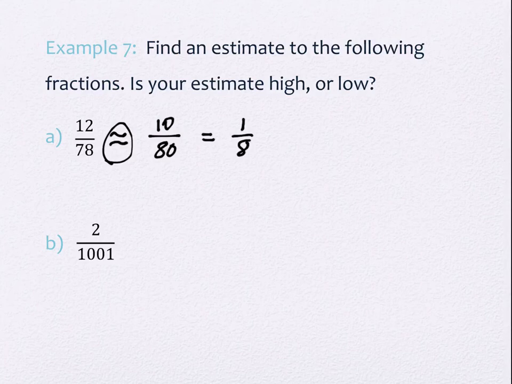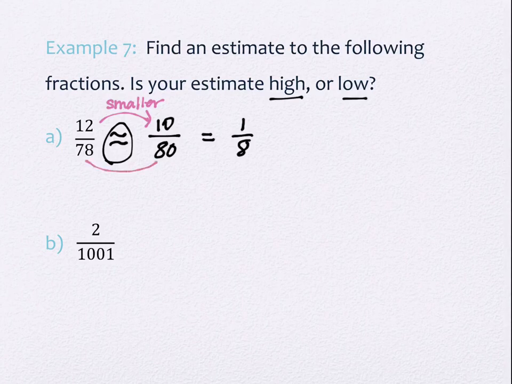It does ask us, is your estimate high or low? And I'd like for you to think about what's happening as you make those values change. On the top, if I take 12 and I turn it into 10, I've made something smaller, right? I'm using a smaller numerator. I have fewer cupcakes to split between my 78 people. I only have 10 of them.